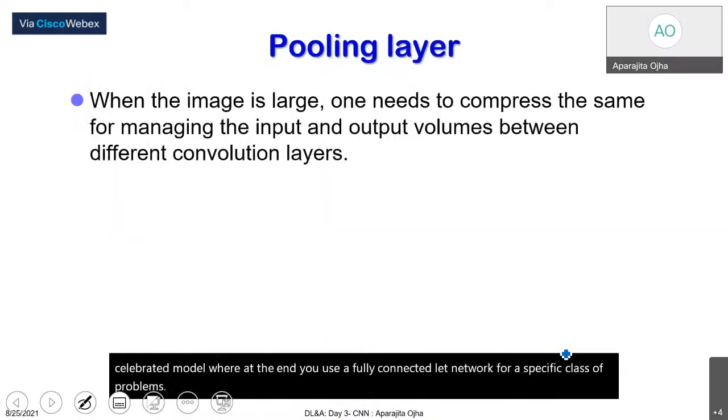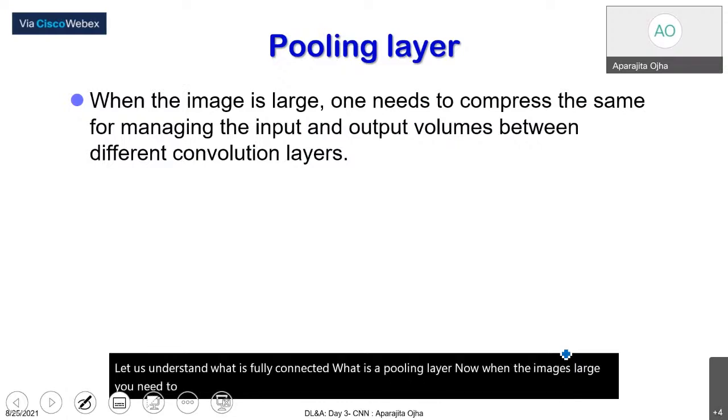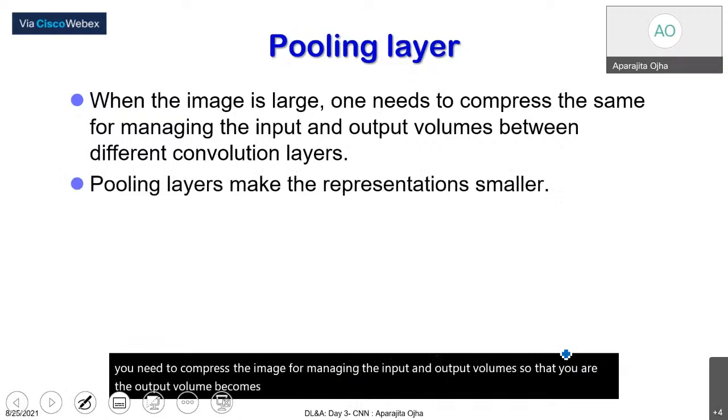Let us understand what a pooling layer is. When the image is large, you need to compress it to manage the input and output volumes, so that the output volume becomes more manageable. Pooling layers make the representations smaller.